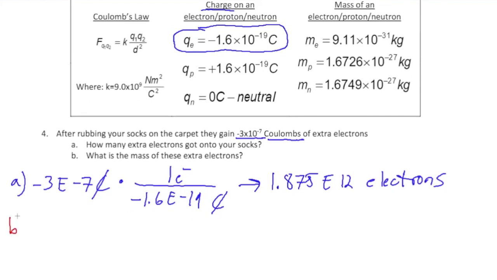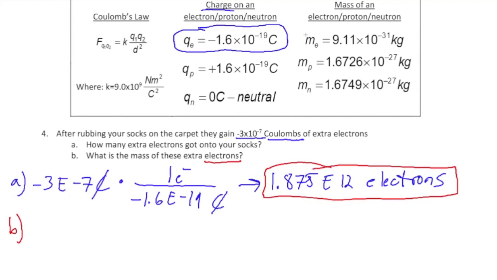Let's take a look at letter B. What is the mass of these extra electrons? So since it's talking about electrons here, that means I'm going to have to use my answer above to solve for the mass here. Because I don't have any conversion from charge to mass. I only have a conversion from electrons to charge and electrons to mass. So 1.875 e to the 12th electrons.